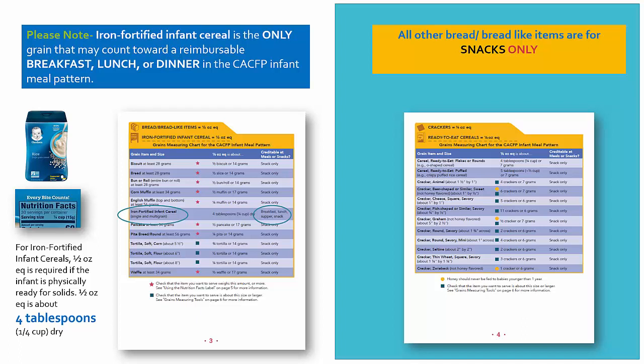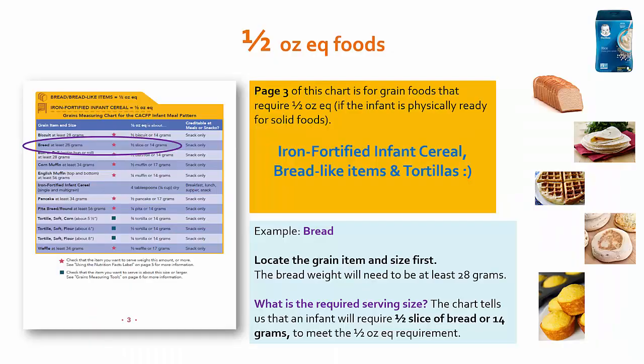Let's give you a quick reminder on that. For iron fortified infant cereals, half an ounce equivalent is required if the infant is physically ready for solids, and half an ounce equivalent is about 4 tablespoons. We have 2 charts. Page 3 of this chart is for grain foods that require half an ounce equivalent if the infant is physically ready for solids.